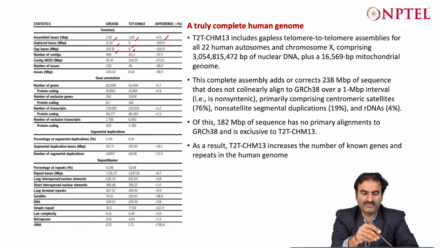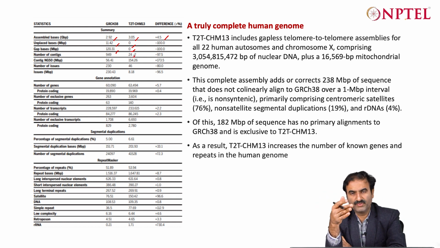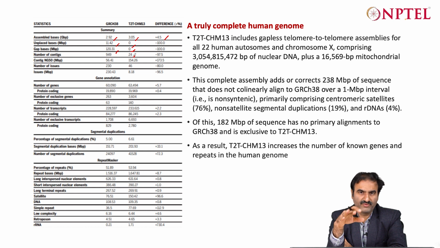The number of contigs went from 949 to 24. That means earlier the chromosomes were in 949 pieces, but now you have the data in 24 chromosomes organized as per the chromosomes. The N50 increased to 154 million base pairs.